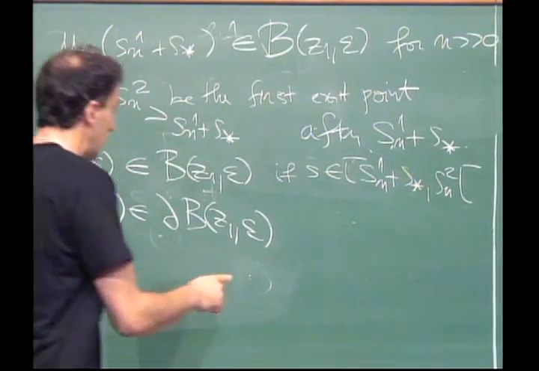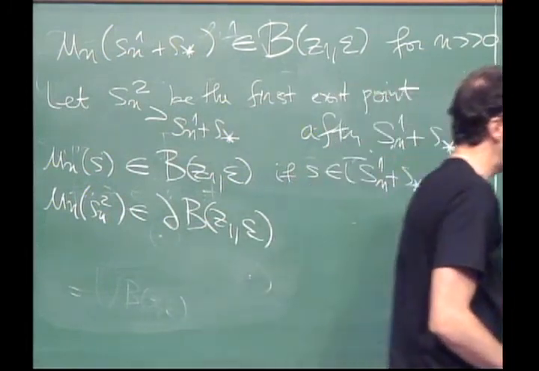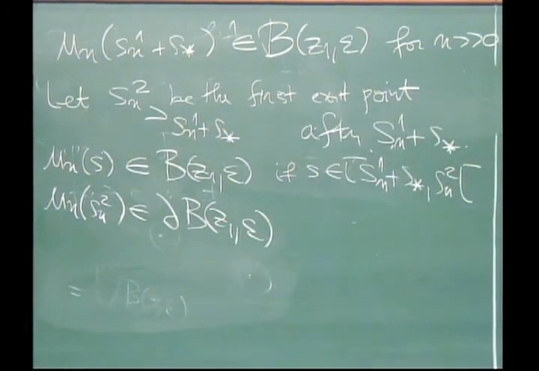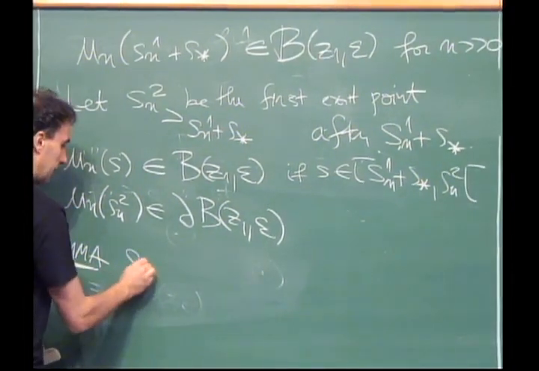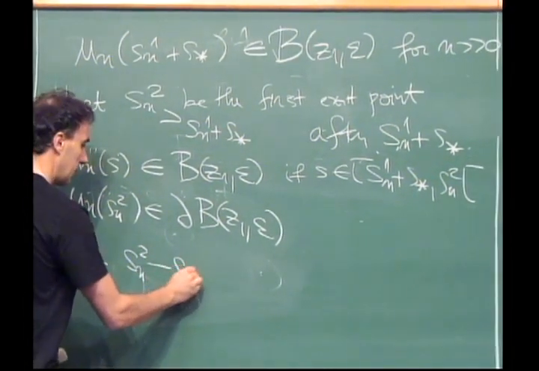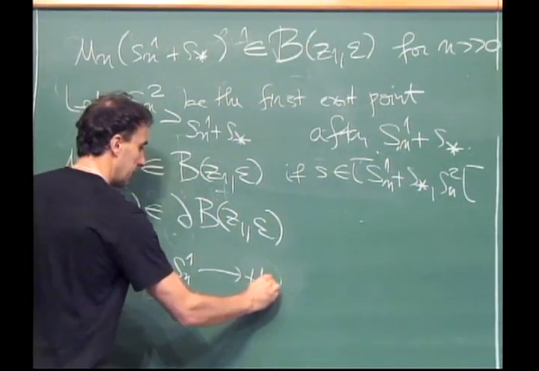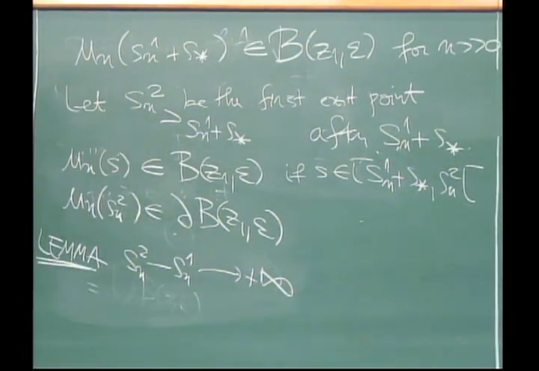Now, of course, we want to take Sn2 as the second sequence needed in the convergence, but before that we have to prove a lemma, which says that Sn2 minus Sn1 goes to plus infinity. Okay.